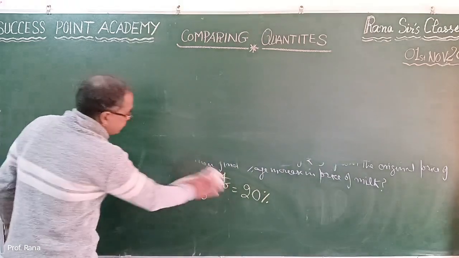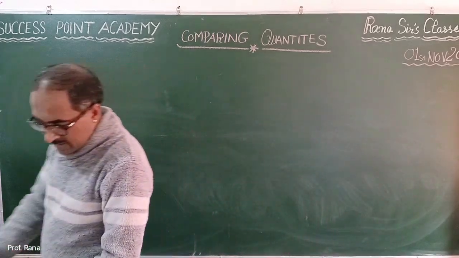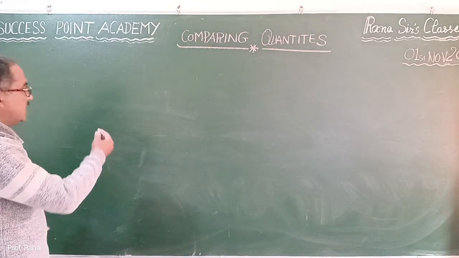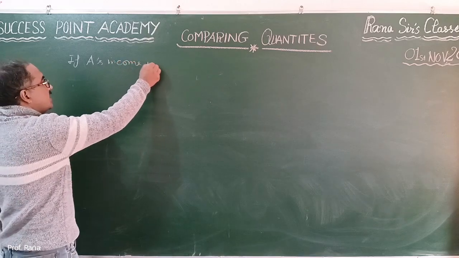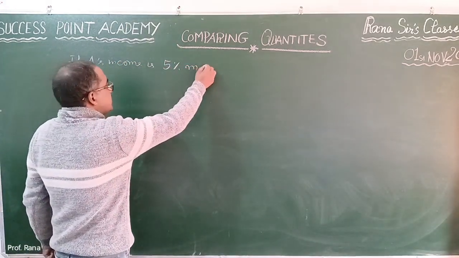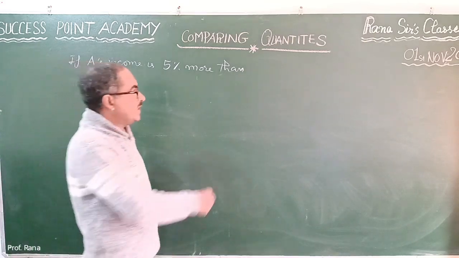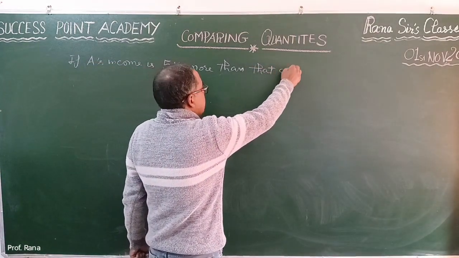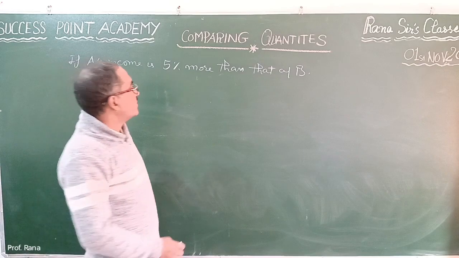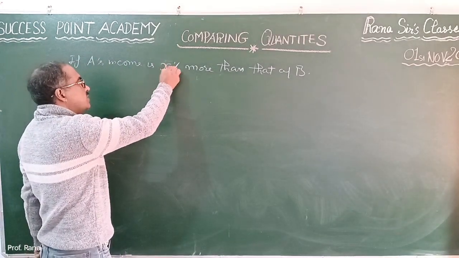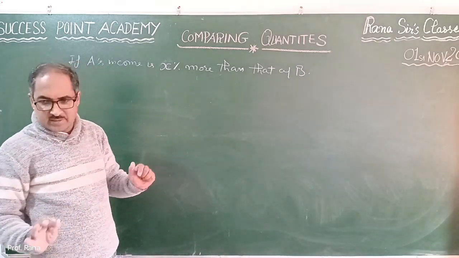Another formula now. If A's income is X% more than that of B. Suppose A's income is 5% more than that of B. Or you can write it X%, because you have no need to represent it in a particular number. Let it be X initially.